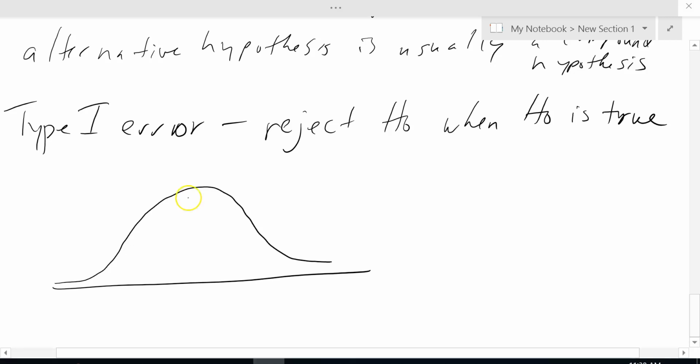I'm going to do it in terms of means, even though we're talking about proportions right now. But this would be your mean, right? And you come along and find an X bar that's up here, up in the tail, right? Well, you want to pick a level, wherever that level is, so that this area is unlikely, right? You agree with that? So this is your confidence level.